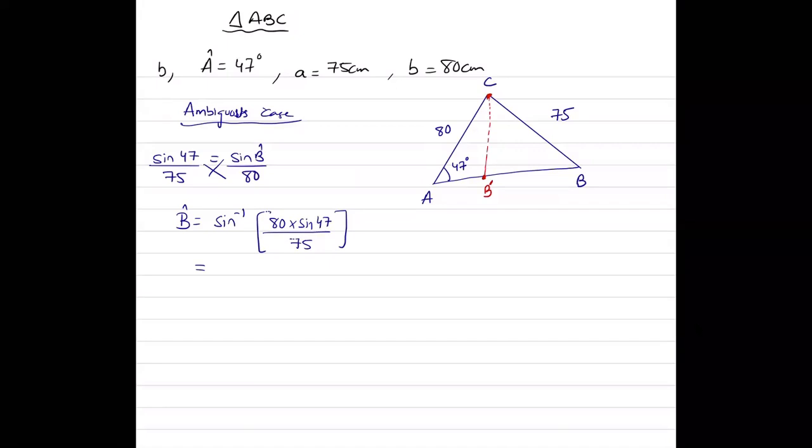Yeah. 51.3 degrees. Okay. So this is angle B, 51.3 degrees. Then let's find angle C. To find angle C, I'm going to subtract the sum of 47 and 51.3 from 180 degrees. Are you getting 81.7?